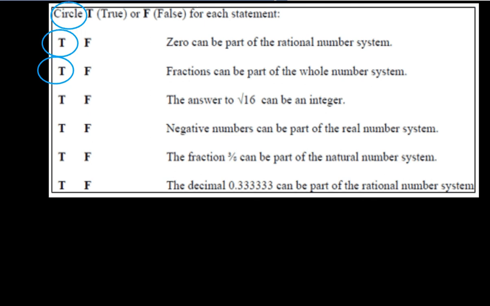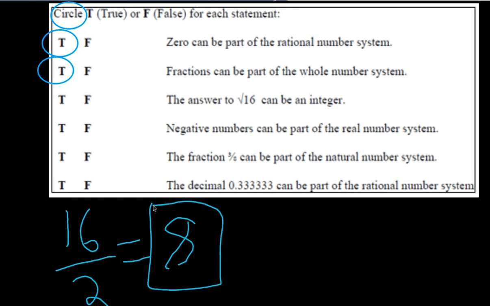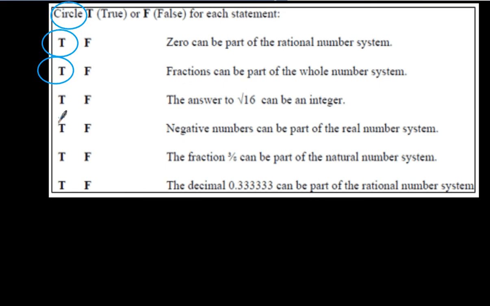And so, what if I said 16 over 2? We know that is equal to 8. Because the result is a whole number, we know that is a true statement. So if you're able to come up with an example or a counter example that can prove it, make sure you do.